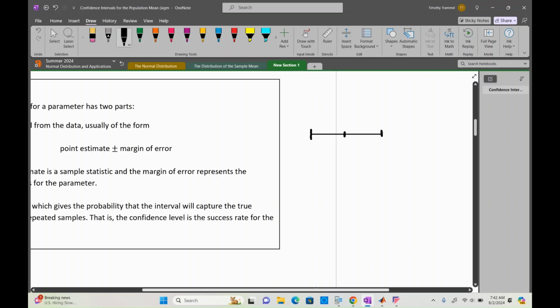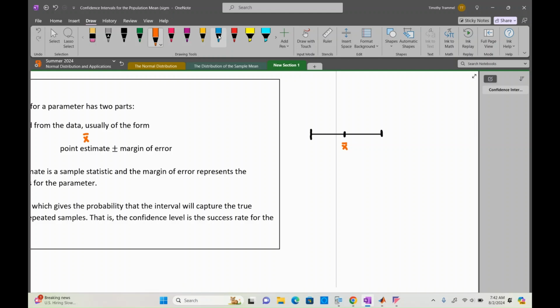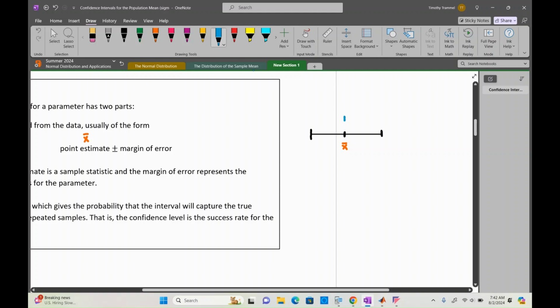The point estimate for us is going to be X bar. And we don't know how we're going to find it yet, but half of this distance, from here to here, is called the margin of error. That's how far we're going to go in both directions. I'm just going to say margin of error here.